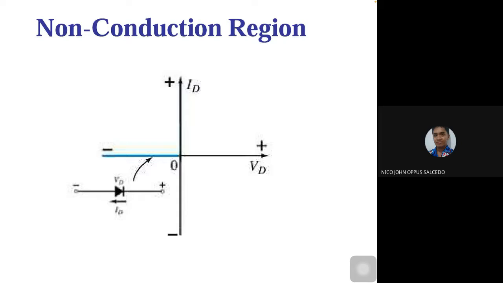When the voltage is negative, wala current ka mag-flow. So that's another condition of the diode, okay? That's the second condition of the diode. Aya lang mag-flow ang current if the voltage drop is positive. Okay? If the voltage drop is positive. If the voltage source is positive.